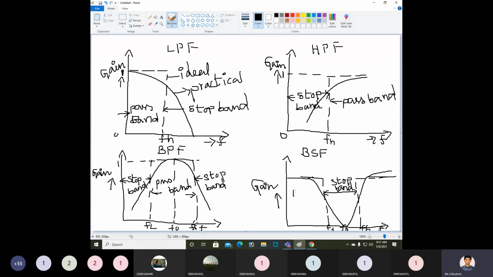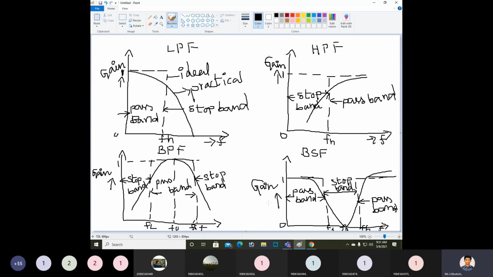This is the pass band, also pass band, at unity gain.